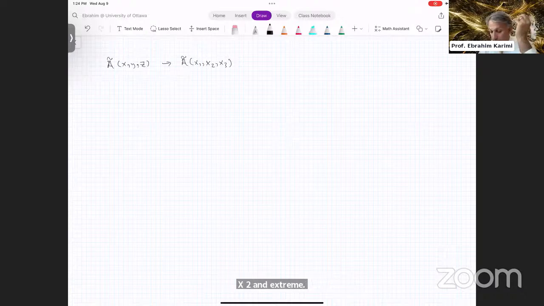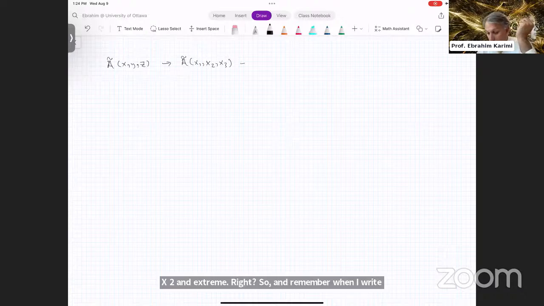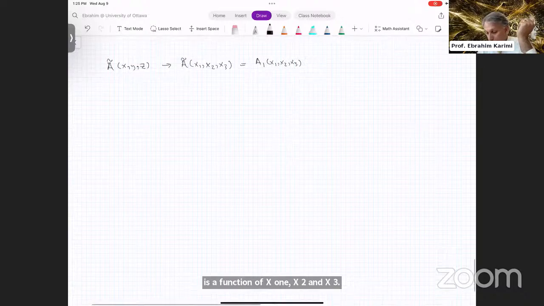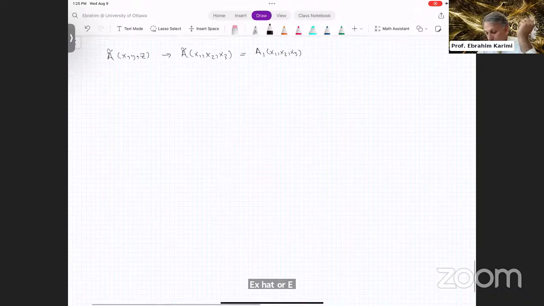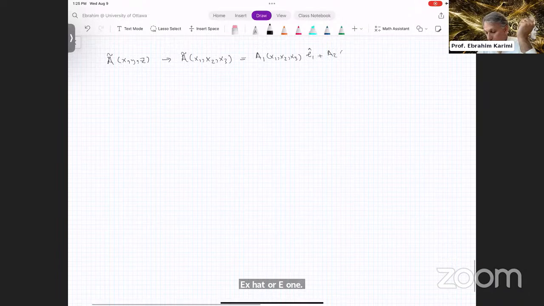And remember, when I write it in this way, it means that it has A1, which is a function of X1, X2, and X3, times X hat or e1, A2(X1, X2, X3) e2, and A3(X1, X2, X3) e3.